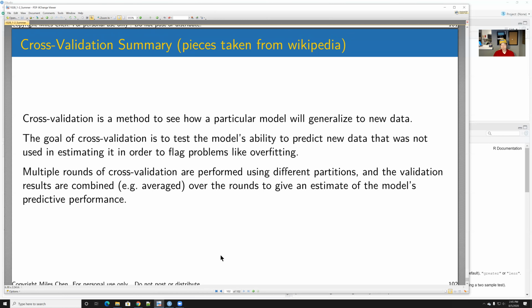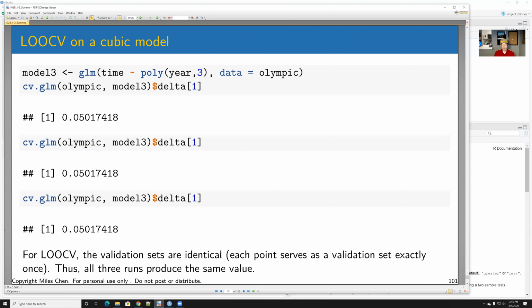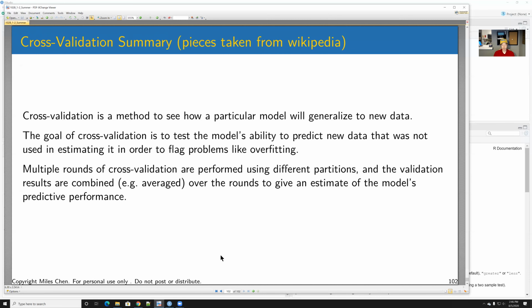Multiple rounds of cross-validation are performed using different partitions, and validation results are averaged over the rounds to give an estimate of the model's predictive performance. So there's leave one out and k-fold cross-validation.